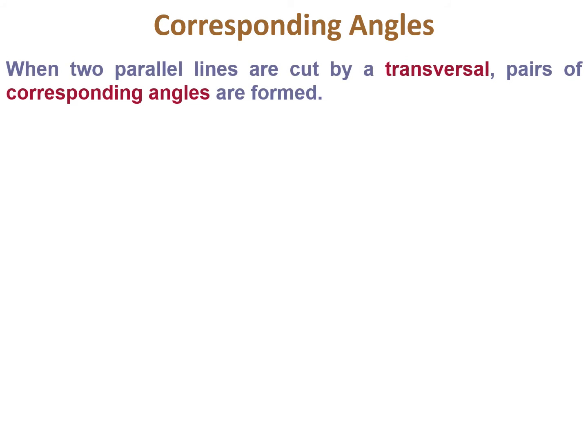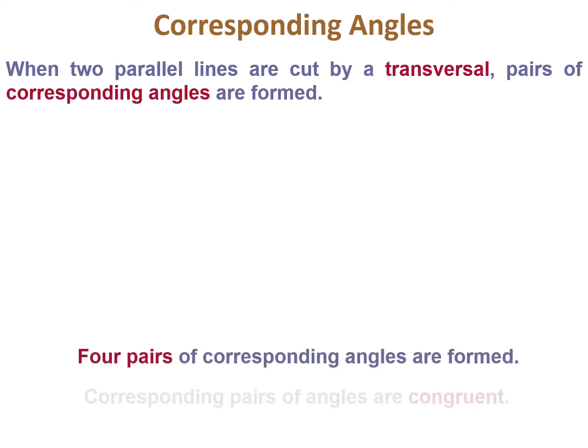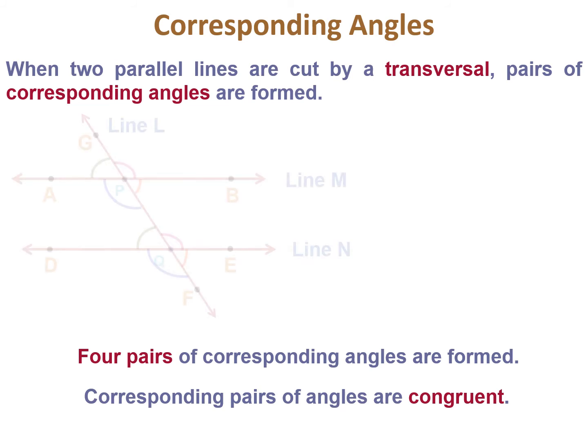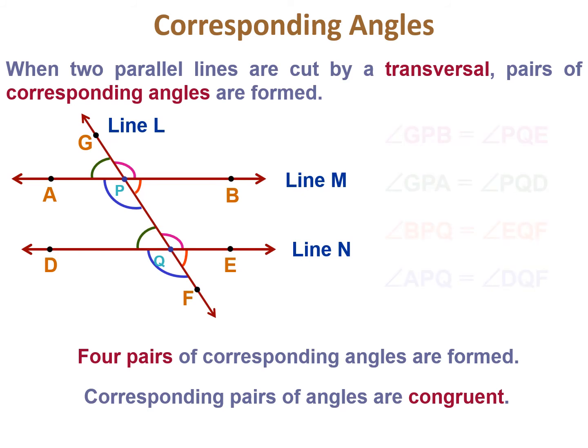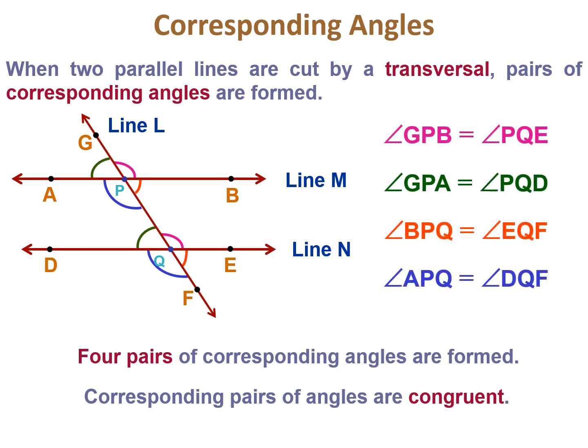Corresponding angles are congruent when the figure is composed of two parallel lines cut by a transversal. Four pairs of corresponding angles are formed, and they are congruent.